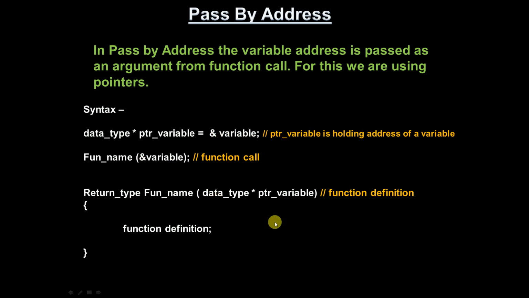Now in the previous session, with pass by value, we saw that if you modify any arguments in the function definition, that won't affect the actual variables passed through the function call. Those modifications are local to the function only.